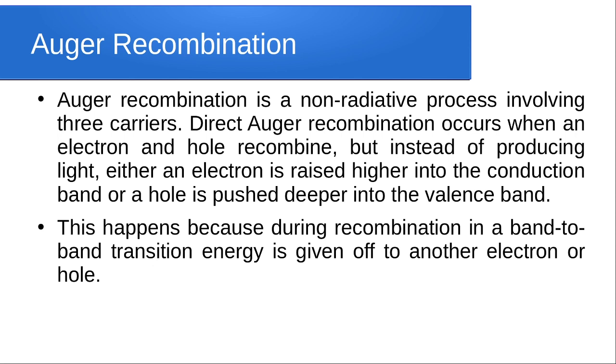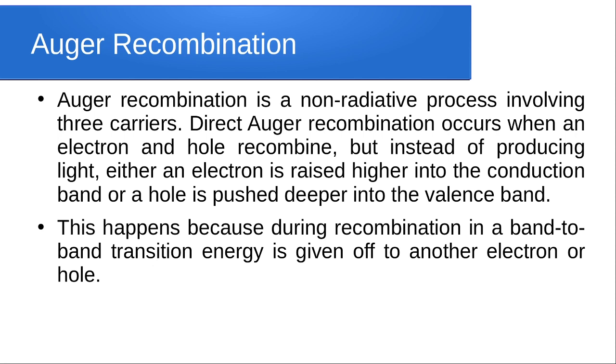In the case of Auger recombination, which is a non-radiative process, direct Auger recombination occurs when an electron and a hole recombine.